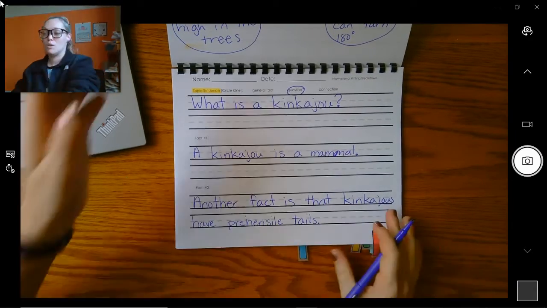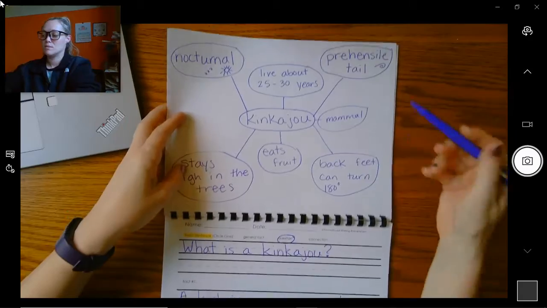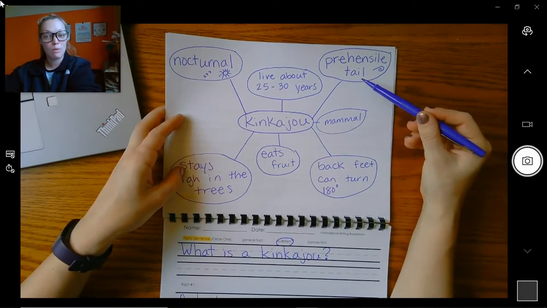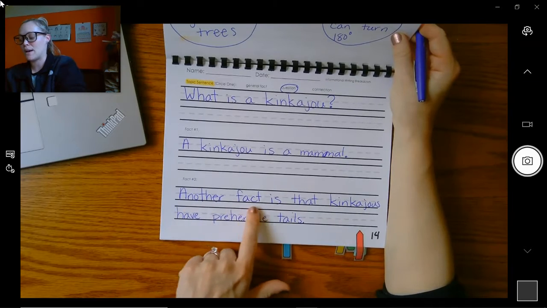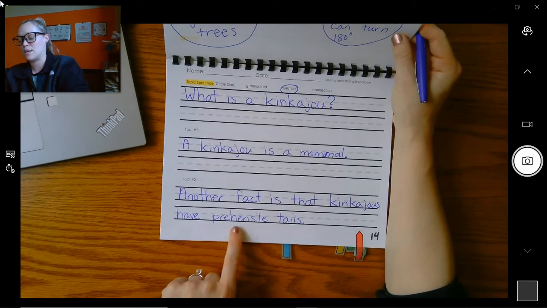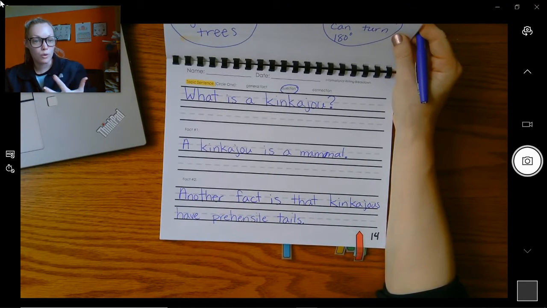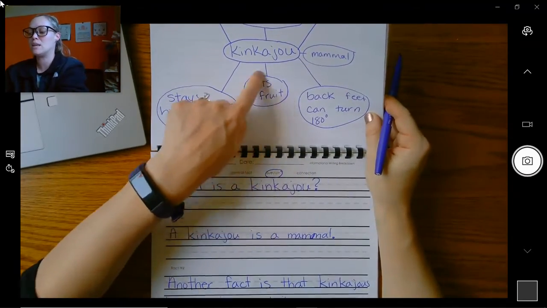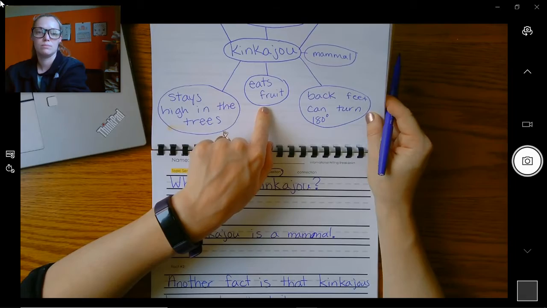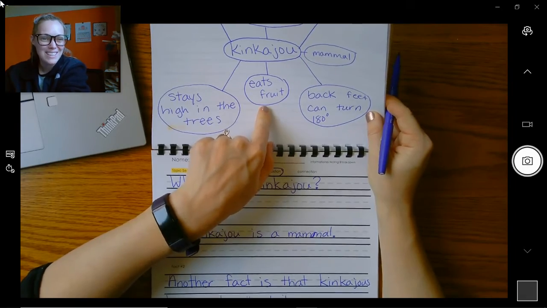Okay. Notice the difference again. Up here in my notes, I wrote prehensile tail. Down here, I wrote another fact is that kinkajous have prehensile tails. It's a full, complete sentence. And then maybe I want to take this note, eats fruit. That's not a full sentence.